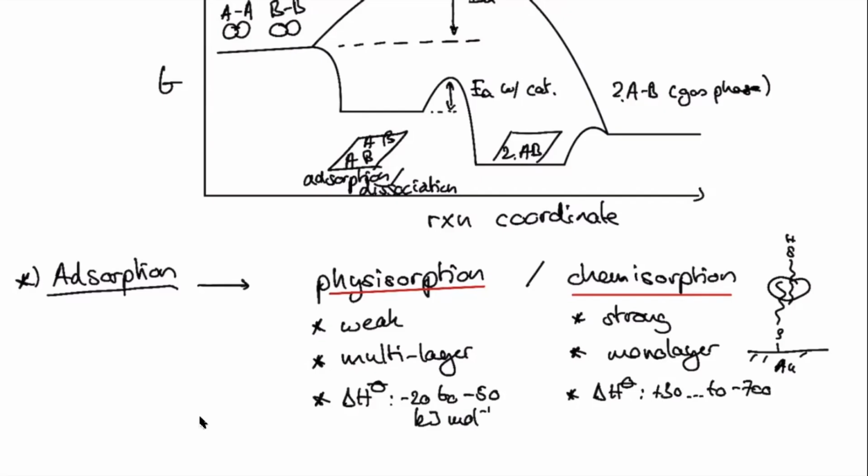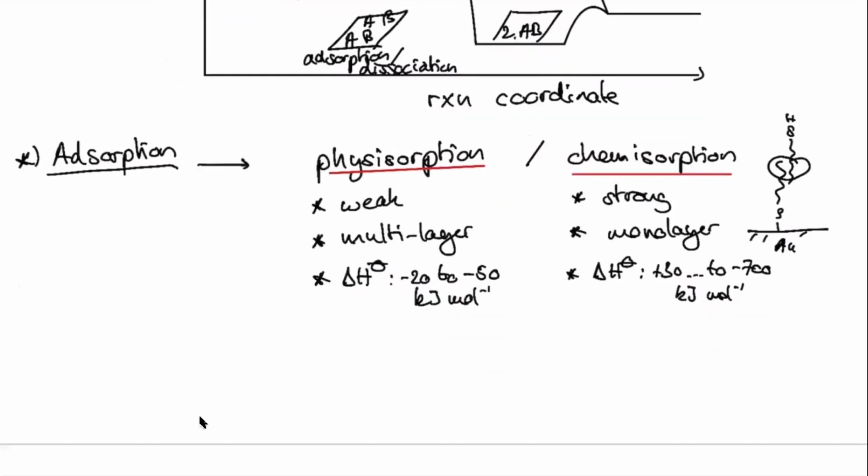To -700 kilojoule per mole. Right, so even chemisorption can be endothermic instead of exothermic. But typically, in most reactions that we look at, it will be exothermic. And physisorption is reversible, and chemisorption is mostly or often irreversible.